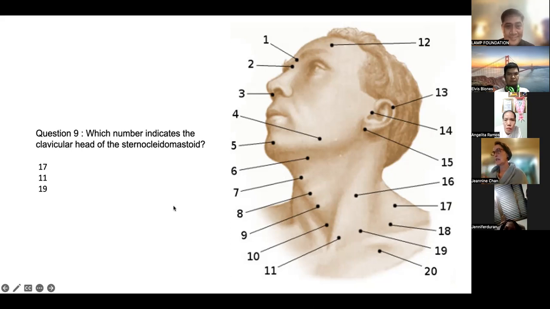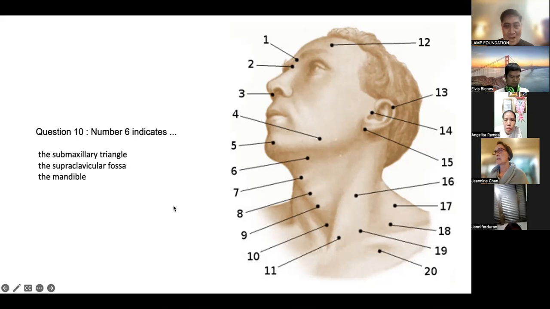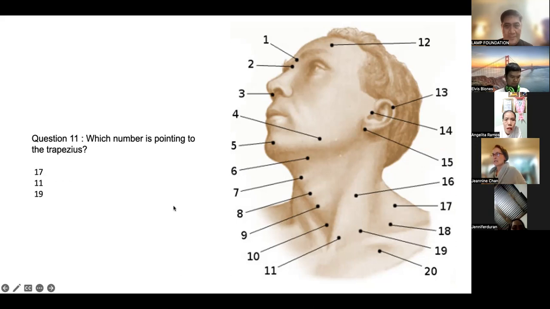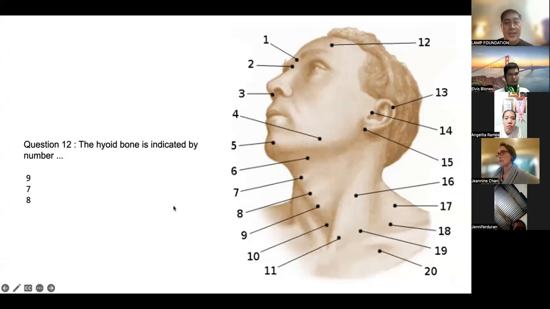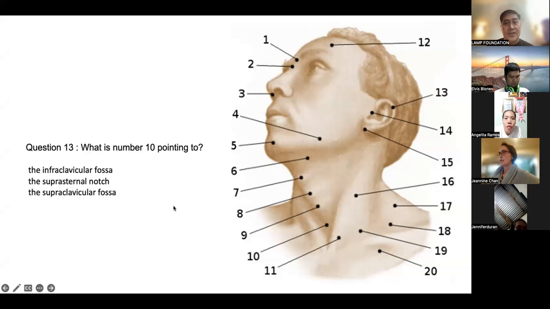Number 19, Doc. Number 6 indicates what? Number 6 is the submaxillary triangle. Which number is pointing to the trapezius? Number 17. Hyoid bone is indicated by number? Number 7. What is number 10 pointing to?